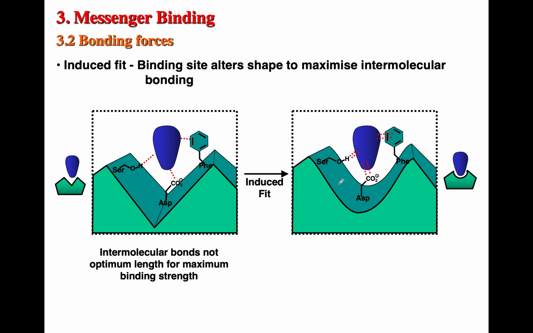The chemical messenger may not be oriented the proper way, but when it begins to interact with the amino acids present inside of the binding pocket, then it rearranges, and not only does the receptor rearrange, but the bonding interactions are going to cause it to fit the messenger in a way that maximizes those bonding interactions.